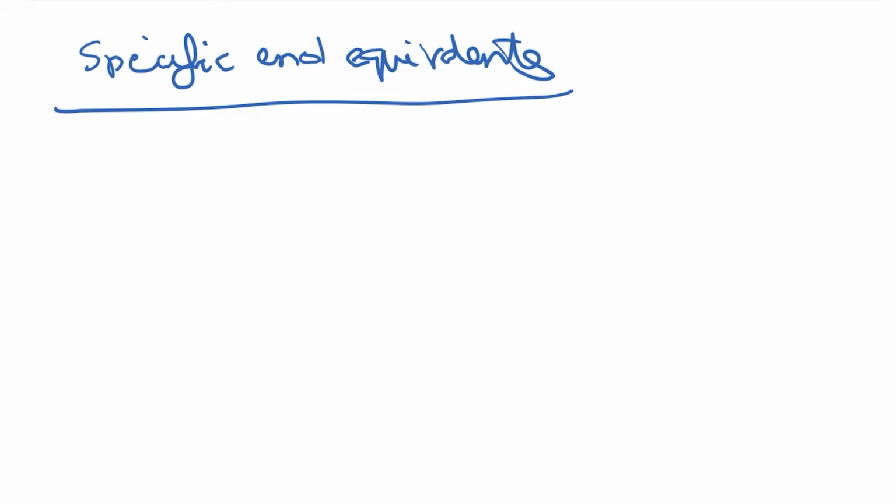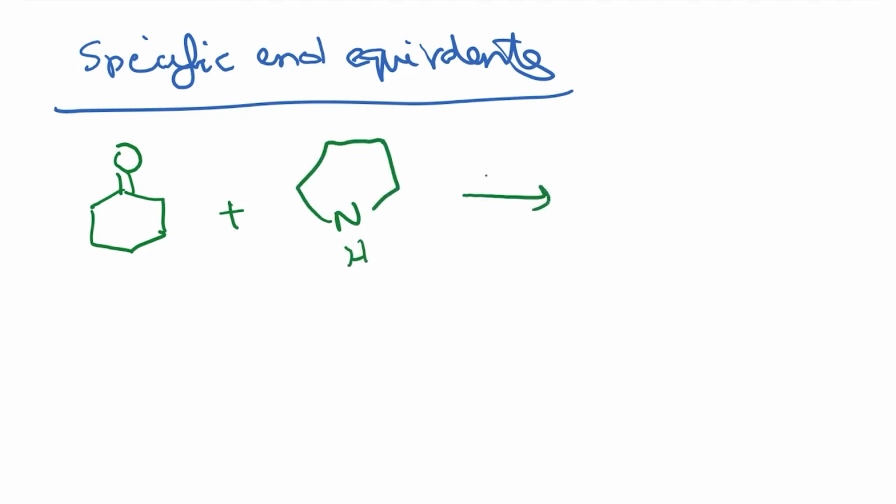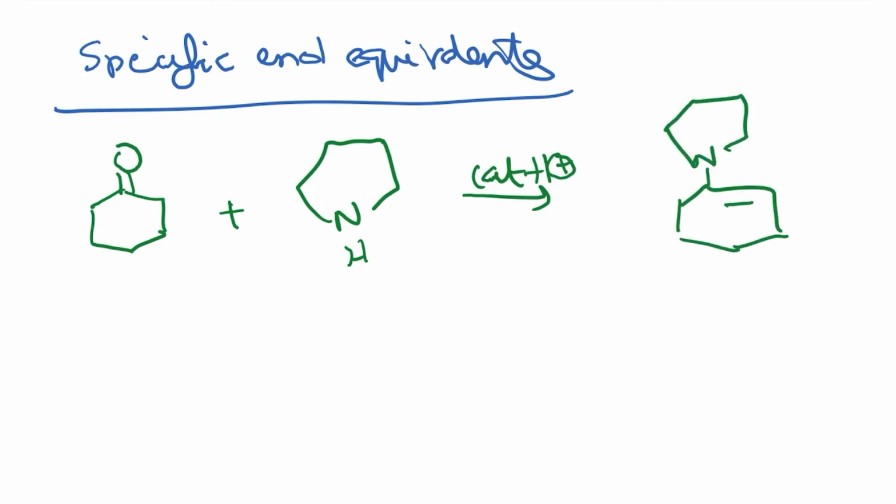We'll start with the enamine formation. We already know that, let's say you take, this is just an example, cyclohexanone and add a secondary amine in the presence of catalytic H plus. We've already looked through the arrow pushing mechanism for the formation of such enamines, so I'm not going to repeat it.